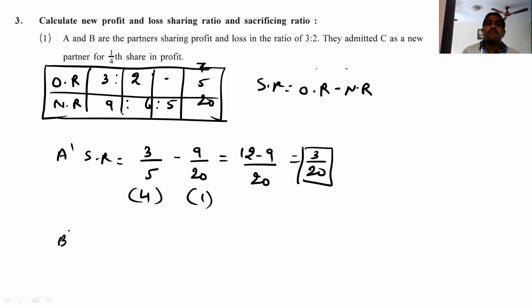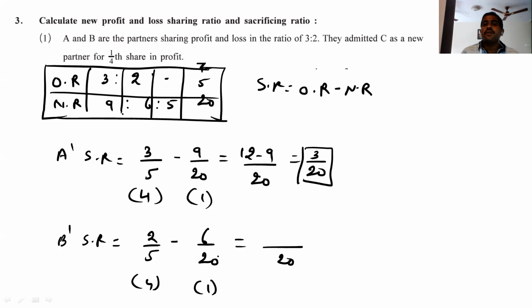Then comes B's sacrifice. That is 2 by 5 minus 6 by 20. Here comes 4, and here 20. 2 fours are 8 minus 6, that is 2 by 20. C doesn't arise because C does not sacrifice, it actually gains.